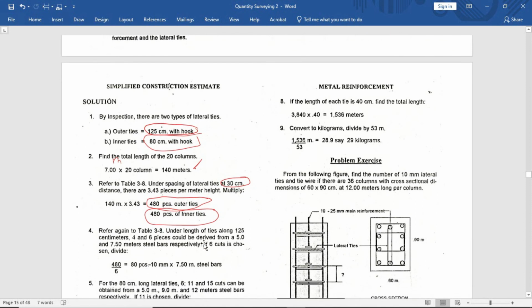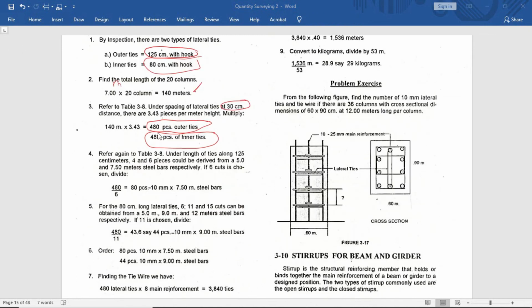Then, refer again to Table 3-8, under the length of ties along 125 centimeters. Base tayo ulit pagdating sa length ng ties. Ito ay for 125, which is the outer tie.